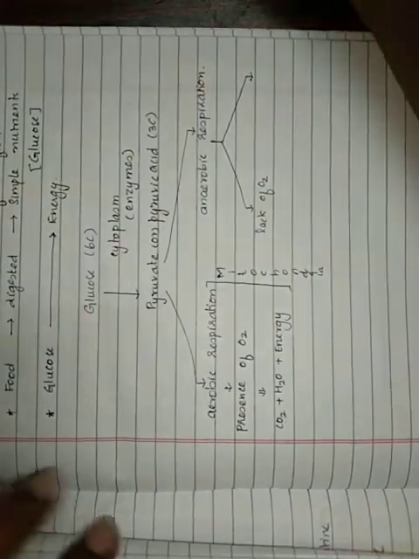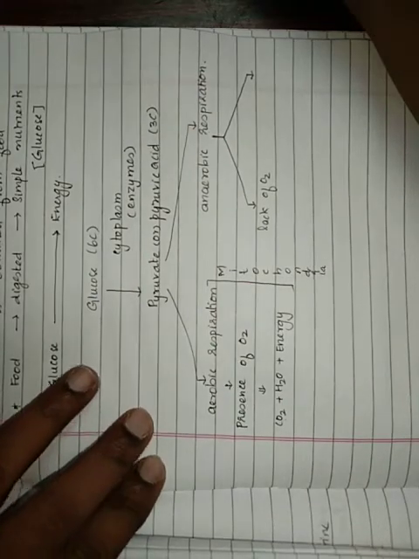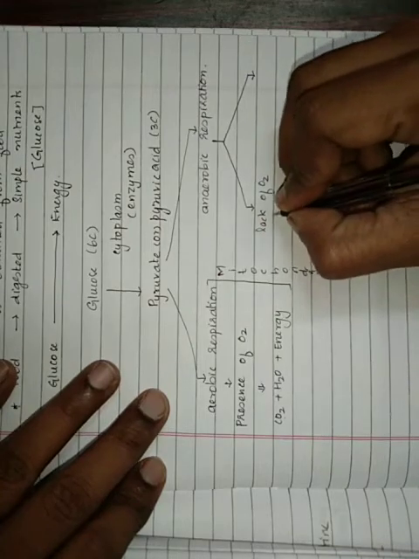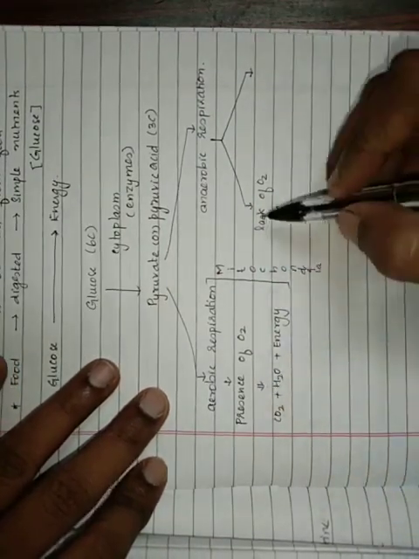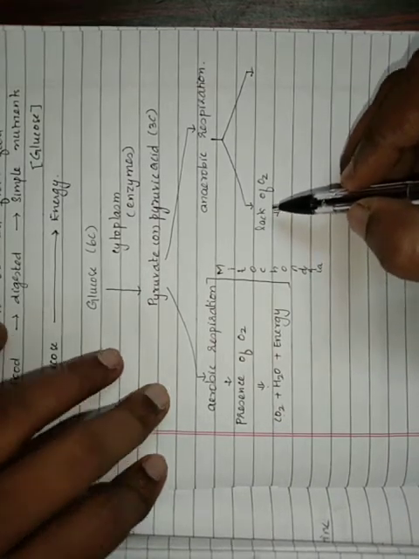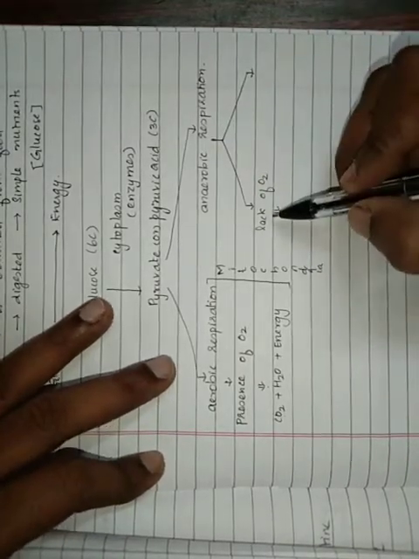Normally aerobic respiration is going to occur, but sometimes when oxygen is lacking, reduced in quantity or not available, cells can take up anaerobic respiration.